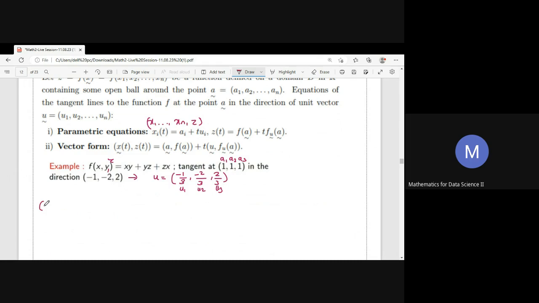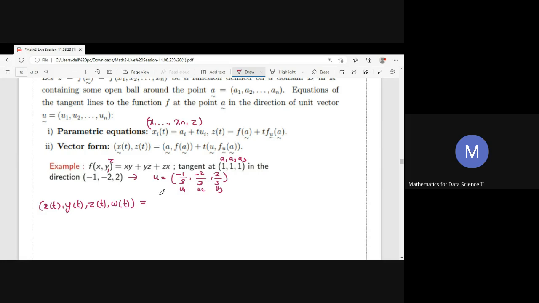What is your x of t, y of t, z of t, and u of t? This u is just another variable different from x, y, z. Don't confuse it with this unit vector. Maybe if it is confusing, we will put w. Let's put w of t, something different from x, y, z.